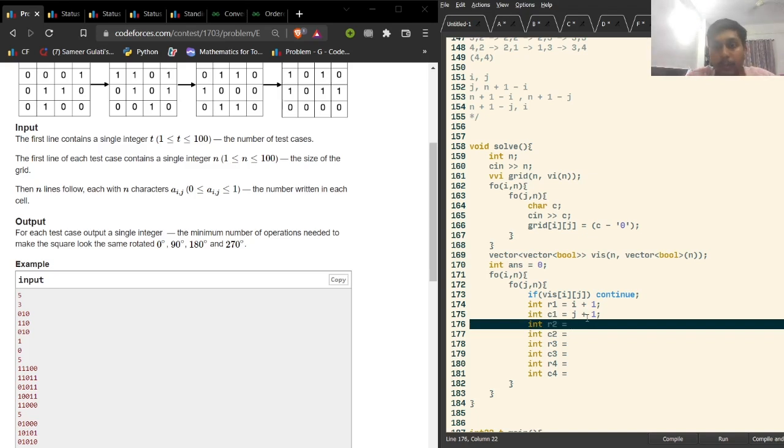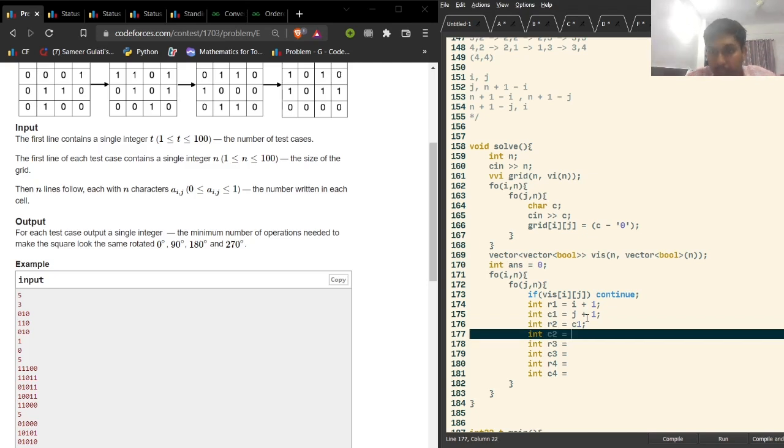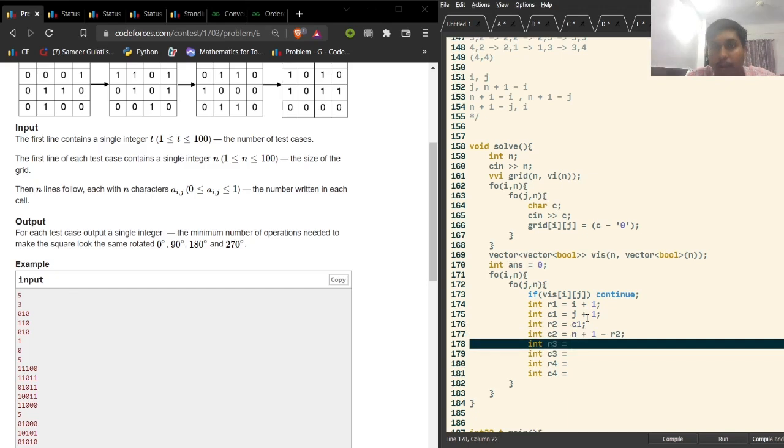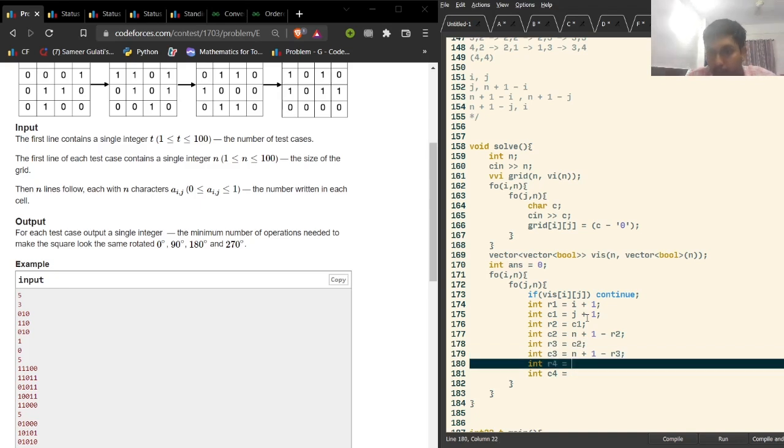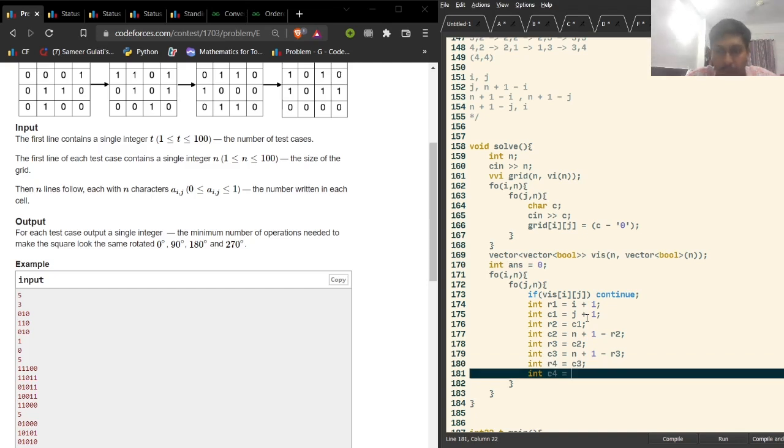So if this is i comma j, row 2 should be column 1, and column 2 should be n plus 1 minus row 2. Okay, and I can just loop over it. So row 3 should be column 2, and column 3 should be n plus 1 minus row 3. Row 4 should be column 3, and column 4 should be n plus 1 minus row 4.